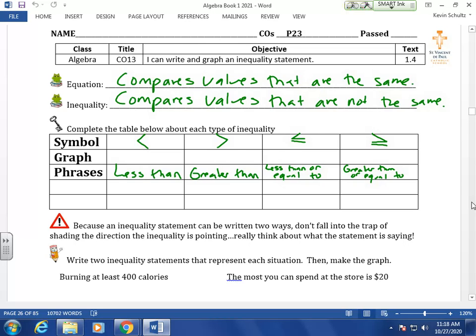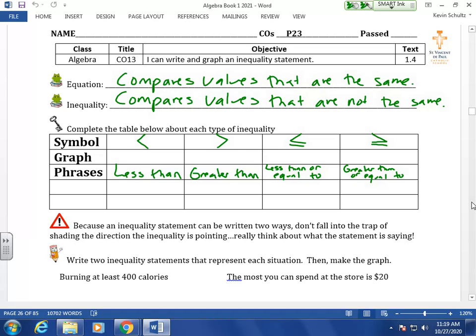So what can you tell me about the graphs of these four types? When you graph these solutions on a number line, what do they look like? Elise? Yeah, two of them have an open circle and two of them have a closed circle. Which ones are open and why?